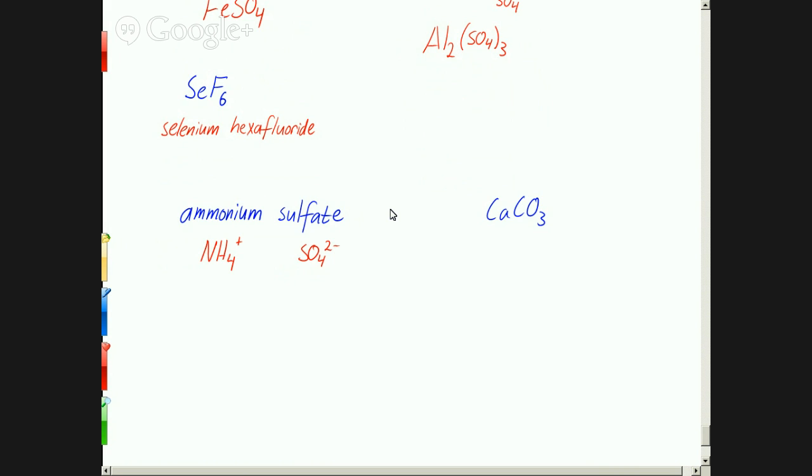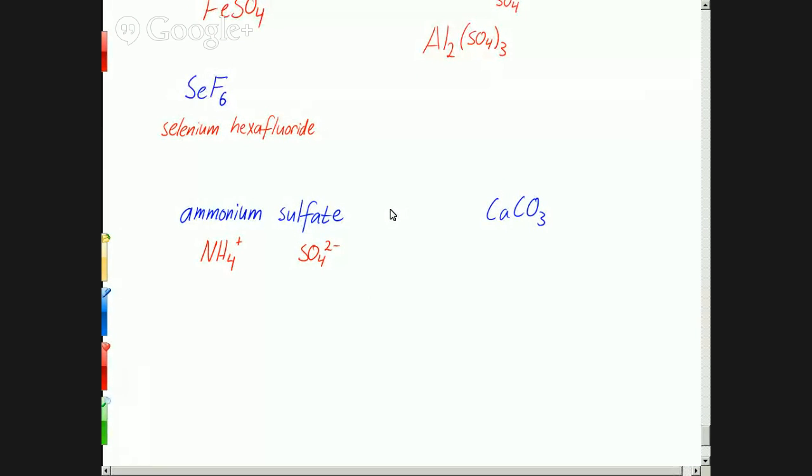Let's think about it. This is really the only example where you don't have a metal, but it's still an ionic compound. You have two ions, two charged particles, that are made of nonmetals. When you see NH4 as a polyatomic ion, make sure you remember that it is an ion.